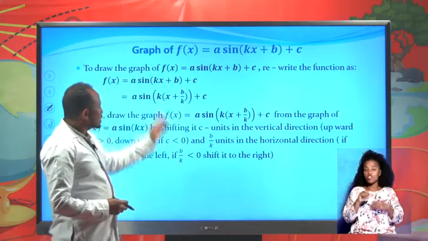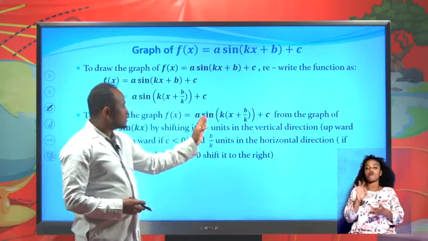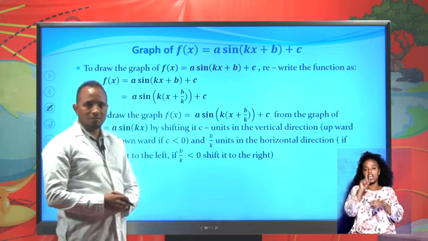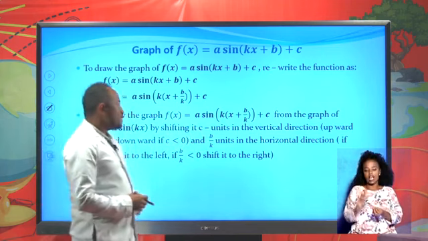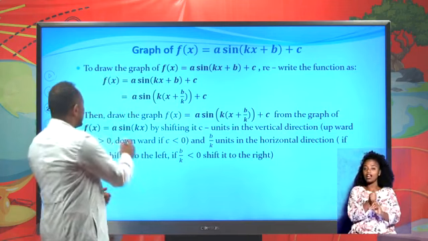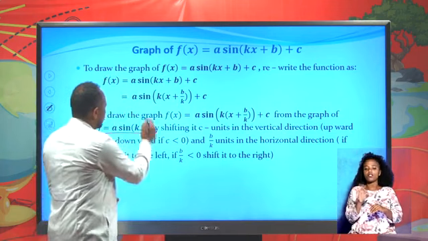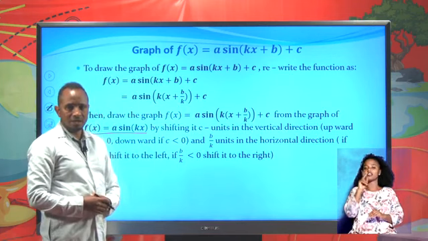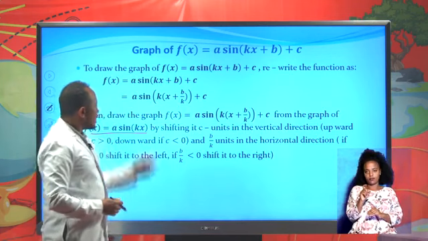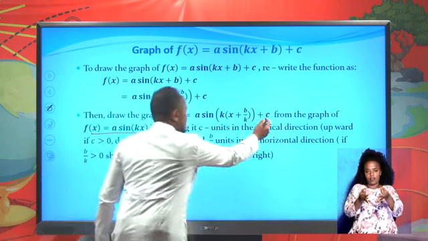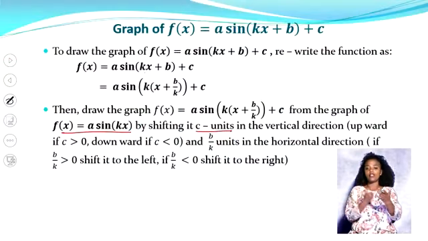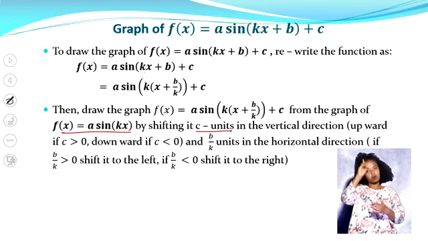So the graph of f of x equals a sine k into x plus b over k plus c can be obtained from the graph of f of x equals a sine kx, by shifting c units from this graph upward or downward depending on the sign of c.